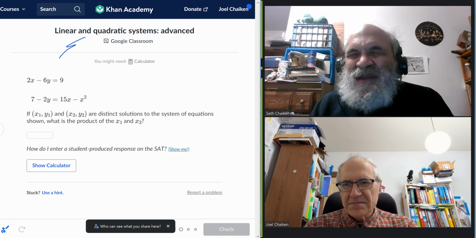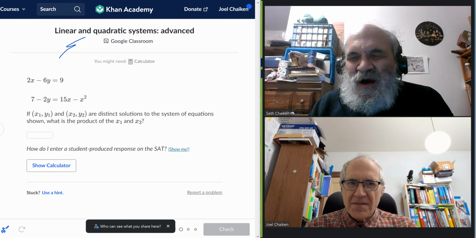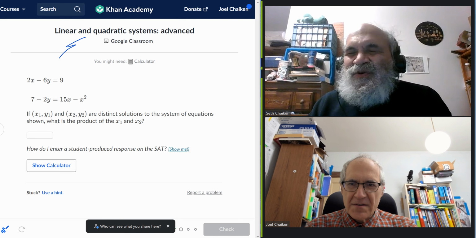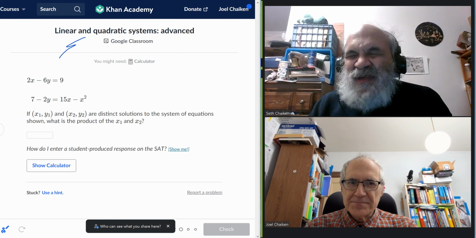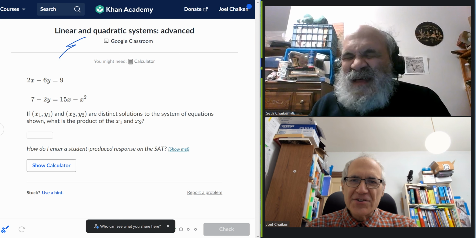Step one, eliminate y. Step two, put it in standard form. And step three, observe that the product of the roots is the constant term, provided that the coefficient of x squared is 1. That is a really good strategy.